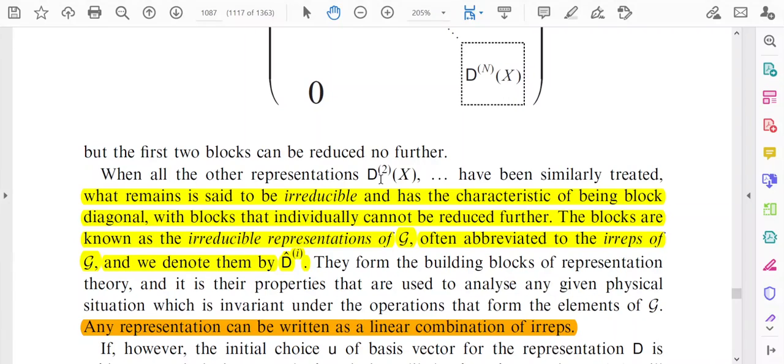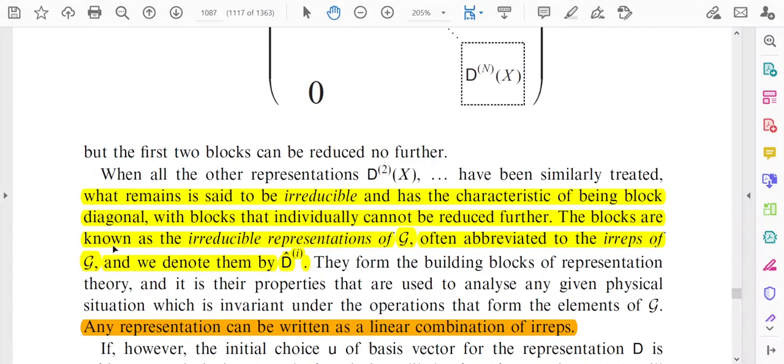After reducing all the representations, if possible, what remains is said to be irreducible and has the characteristic of being block diagonal, that is, a block diagonal form with blocks that individually cannot be reduced further, because we have already checked whether they can be reduced or not, and we have expressed D in block diagonal form, and now the blocks cannot be reduced further.